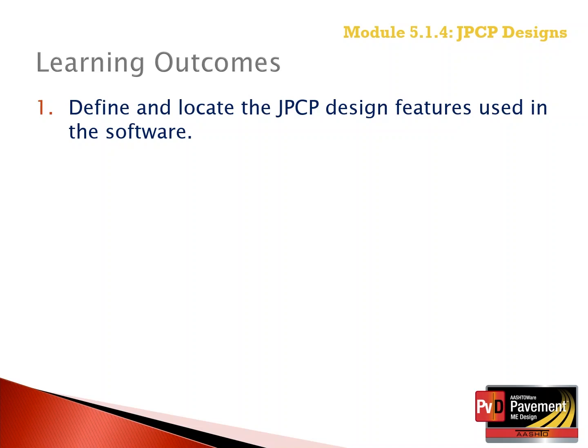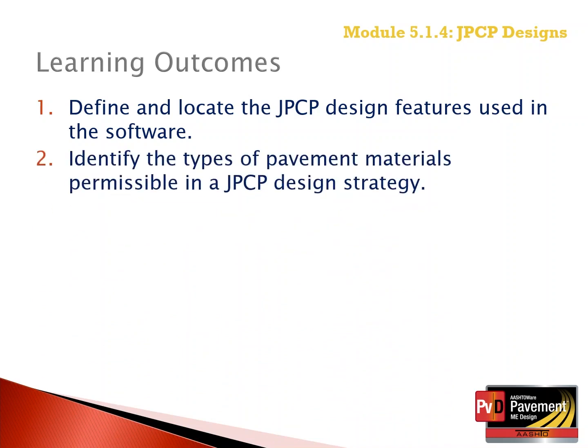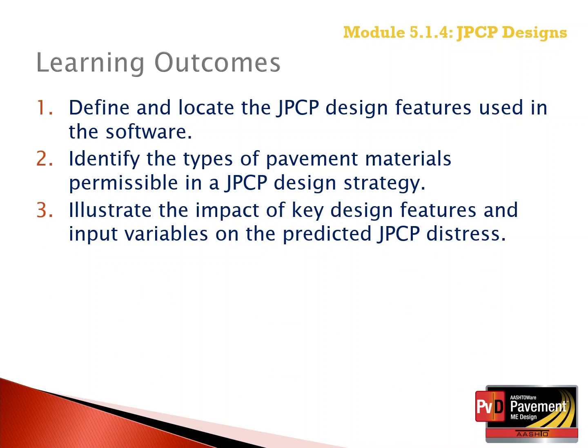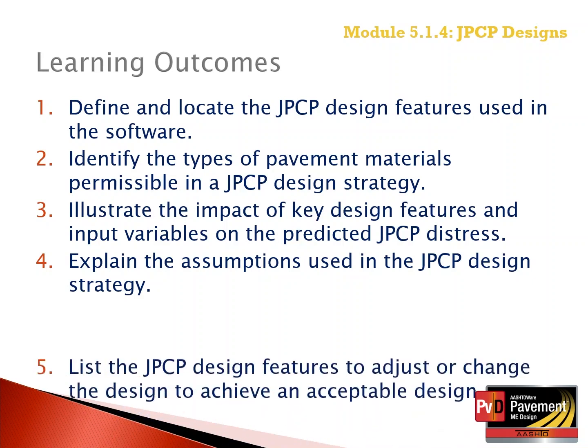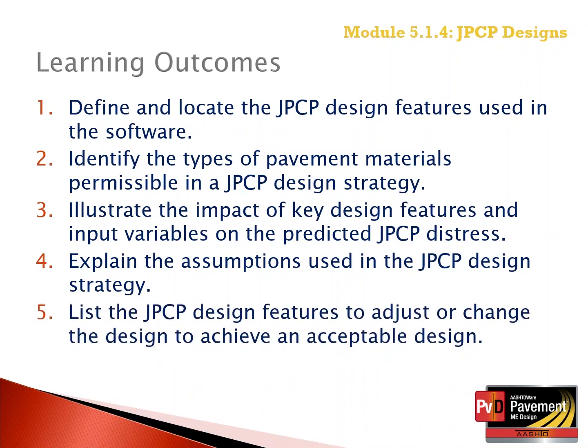These outcomes include define and locate the JPCP design features that are included in the software, identify the types of pavement materials permissible in a JPCP design strategy, illustrate the impact of key design features and input variables on the predicted JPCP distresses, explain the assumptions used in the JPCP design strategy, and finally, list the JPCP design features to adjust or change the design to achieve an acceptable design.